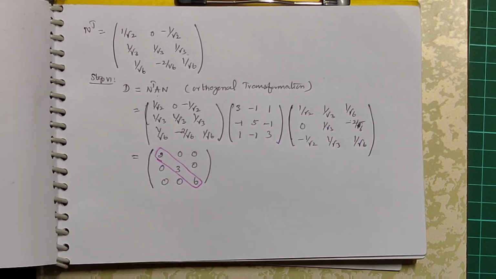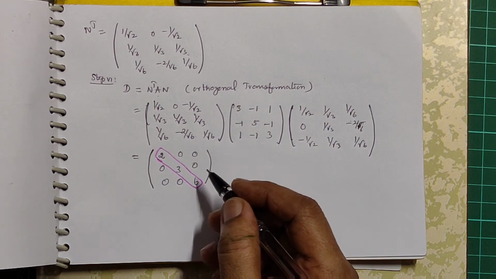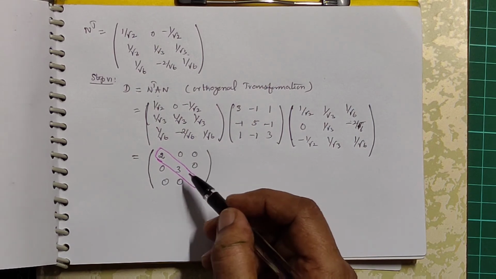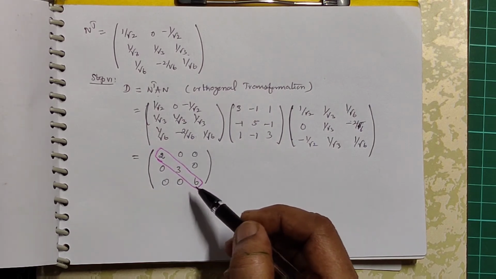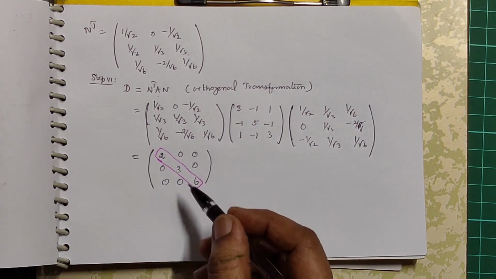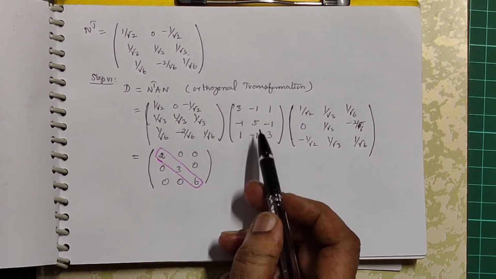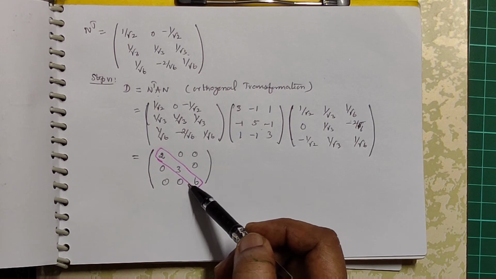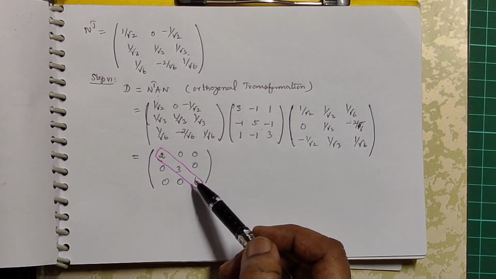Even if you go wrong, you can check it. This is the diagonalized matrix, and 2, 3, 6 are called the spectrum of the matrix. So we have diagonalized this matrix A to a matrix with 2, 3, 6 as the eigenvalues.